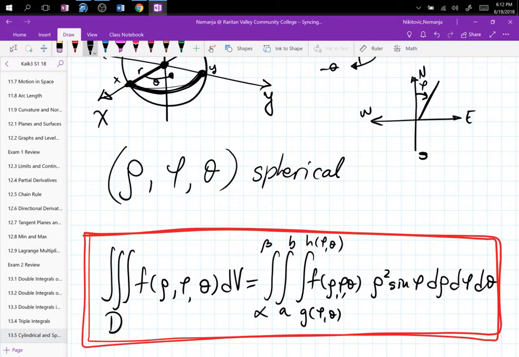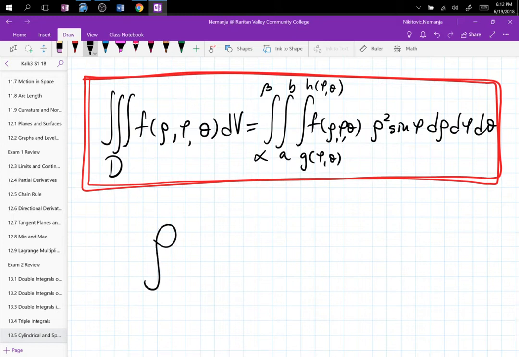Phi is the one that extends, right? Sometimes I just write rho and phi and they look the same. What's the difference between rho and phi? Rho, phi. Okay. Better.